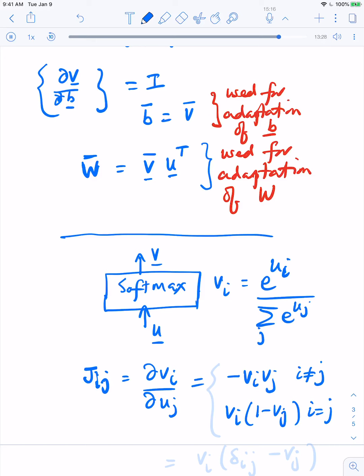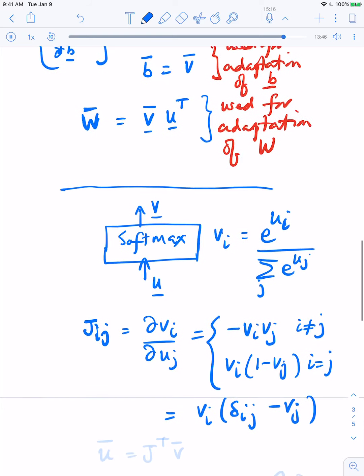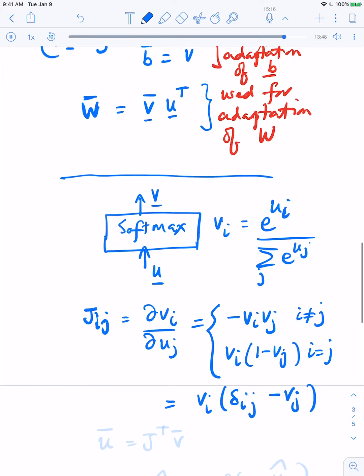For i equal to j, this is just Vi times 1 minus Vi, but that's how I want to write it right now, because I can write this as Vi times delta ij minus Vj, like I had done in the handout. That's why I wrote it that way.